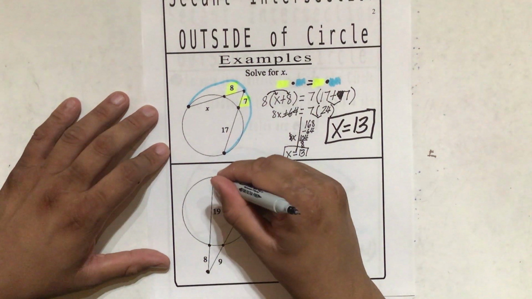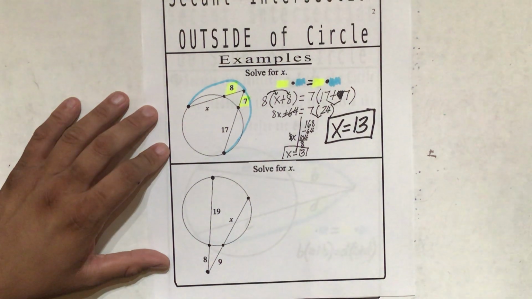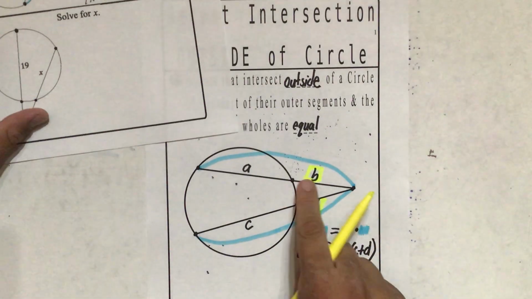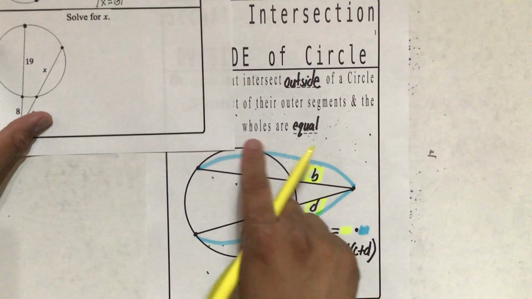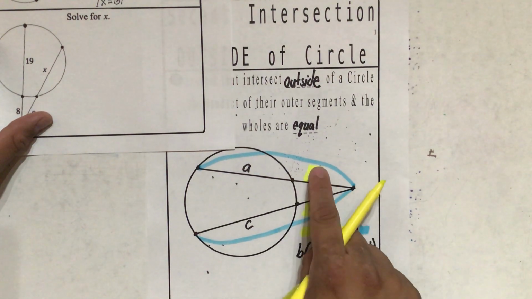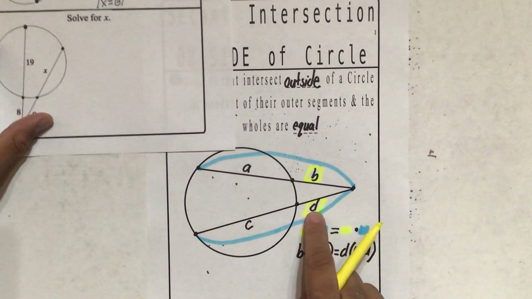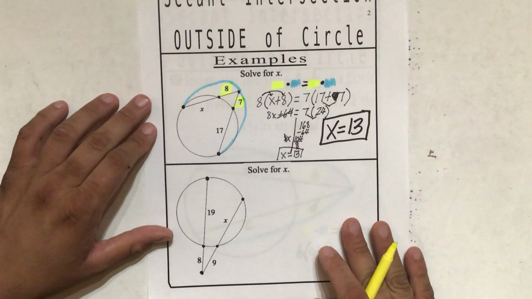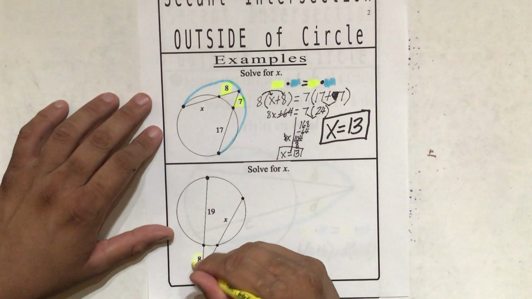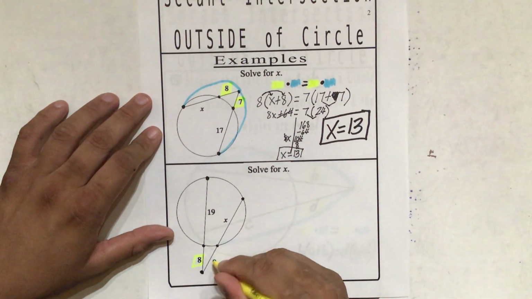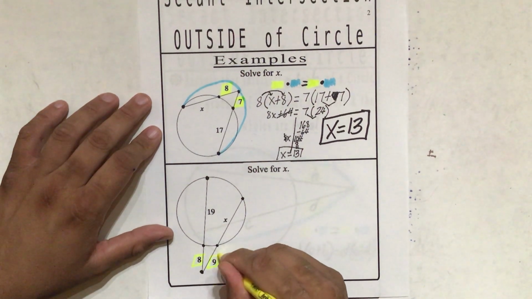And from here to here is the other secant. Now remember, the segment outside the circle is in yellow. We highlight in yellow. Okay, so this outside 8 is in yellow. Outside, this 9 is in yellow.